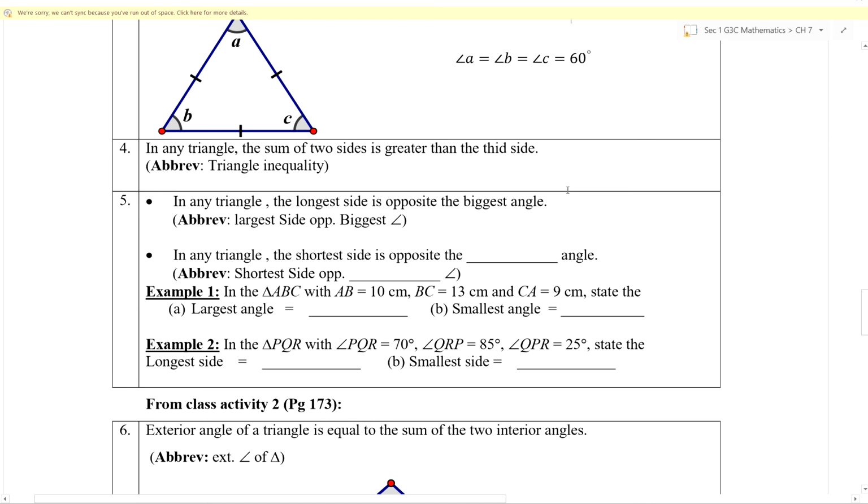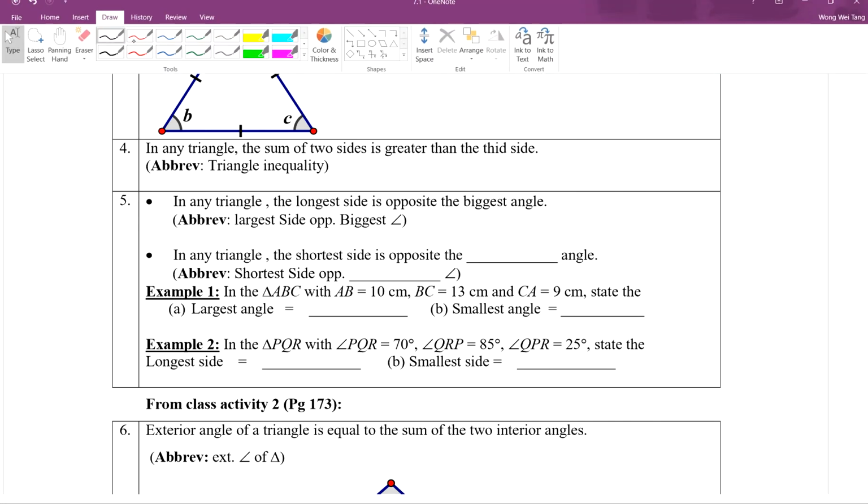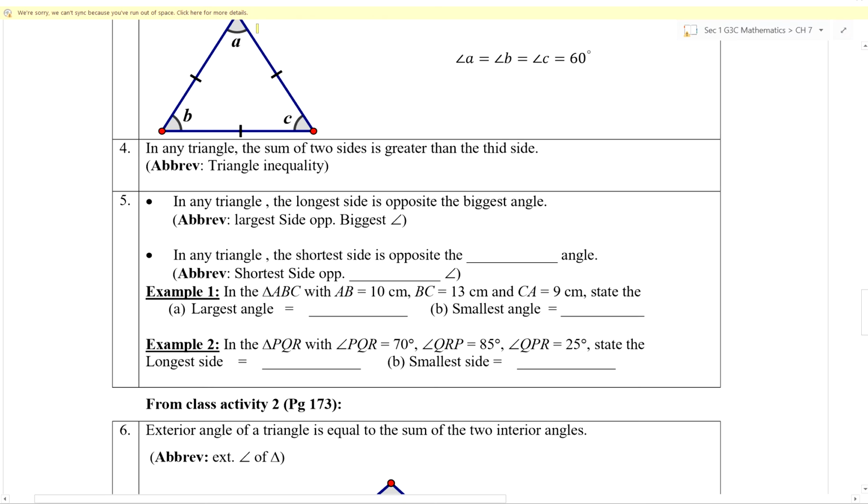Now moving on to point 4, sometimes we will need to use this very interesting property known as the triangle inequality. What does this mean? Now the explanation is as such. In any triangle, doesn't matter which kind of triangle it is, the sum of any two sides, when you add any two sides randomly, it must be greater than the third side.